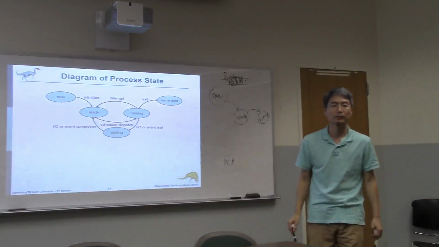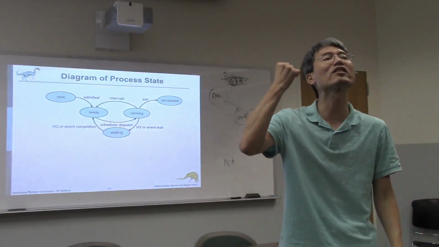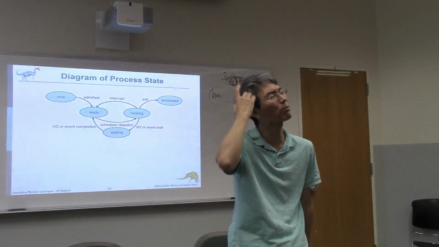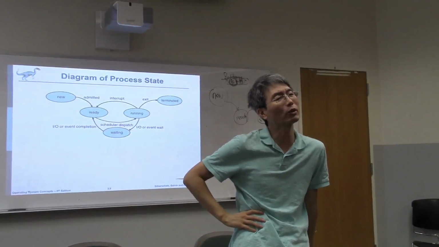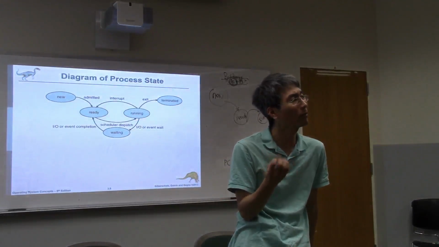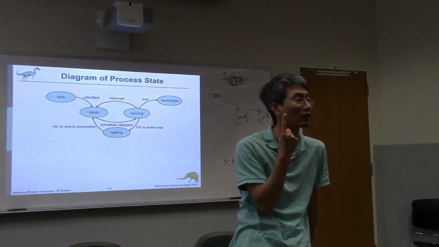Then, what is the main job of the process? What can you do in the process? You can read and write data, input and output of the data, right? That's one of the main tasks.